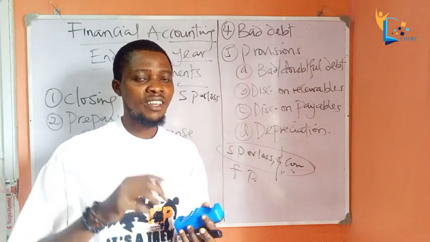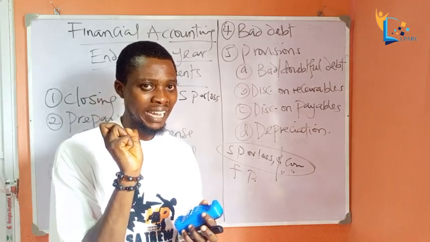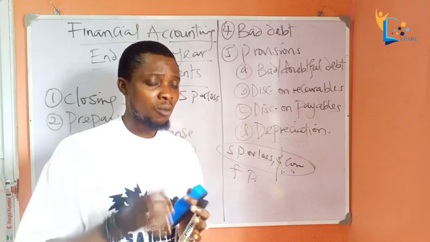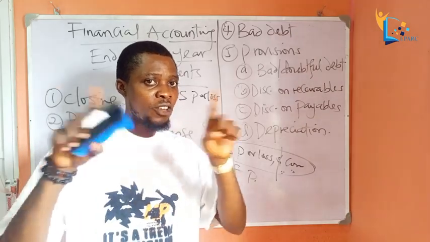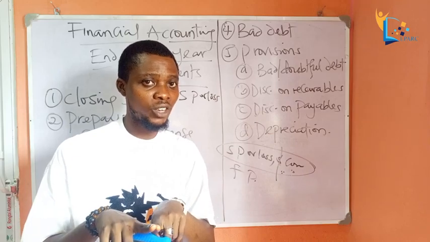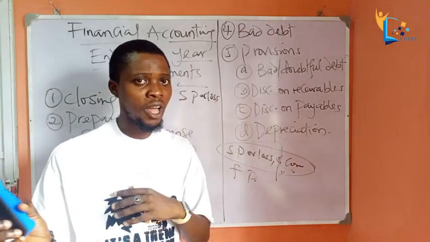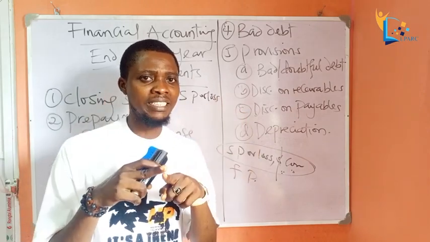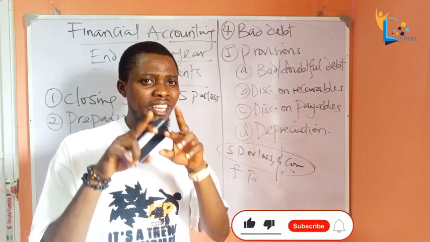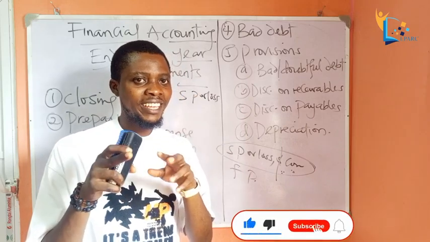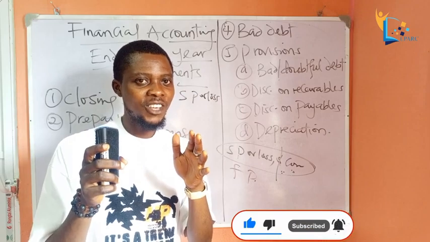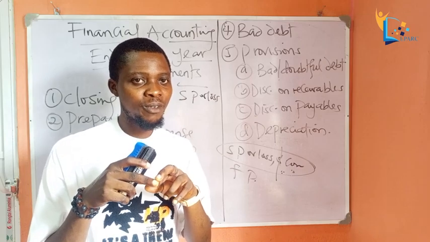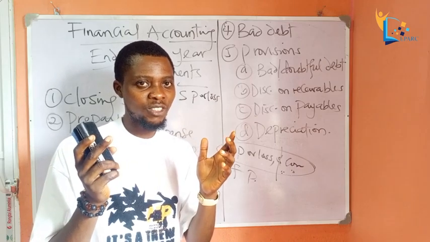It's just that you don't have a certain amount in mind, and you don't have the date on which it's going to default in mind. You have your period of financial statements, but you don't know when it's going to default, and you don't have the actual amount in mind. Are you with me? So you make a provision, just like a 50-50 chance. If he pays you, fine. If he doesn't pay you, your provision covers for that.